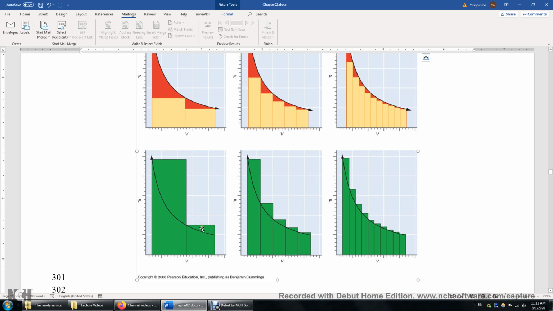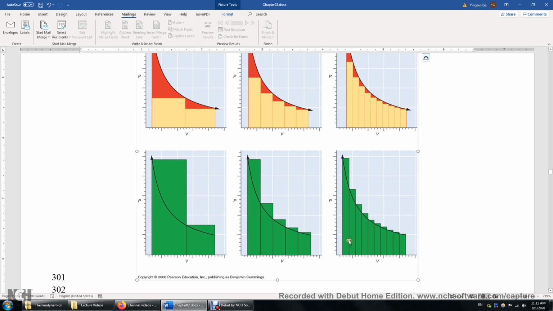So how can we get this irreversible process to be close to the reversible process? We just do more steps, 5 green bars. Now the area of the 5 green bars is awfully close to the integral under this PV equals nRT curve, or P equals nRT over V curve, the reciprocal curve. What about 10 bars?